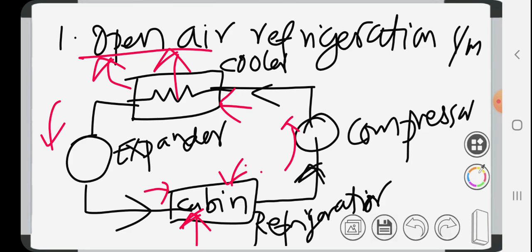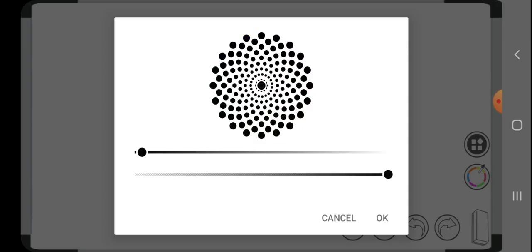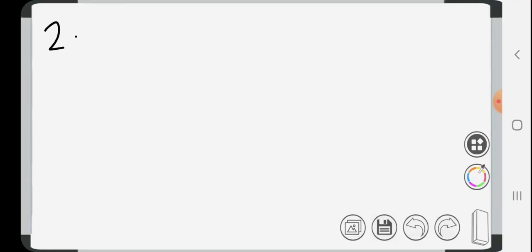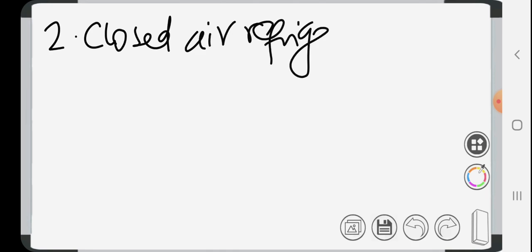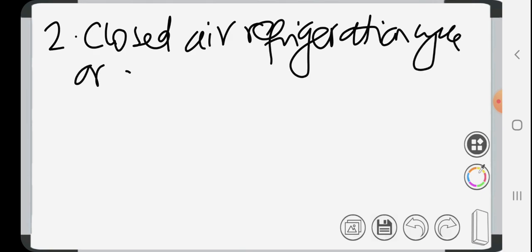Okay. Now I will move on to the second type. What is that? Closed air refrigeration. Closed air refrigeration cycle, or dense air refrigeration cycle. Okay.